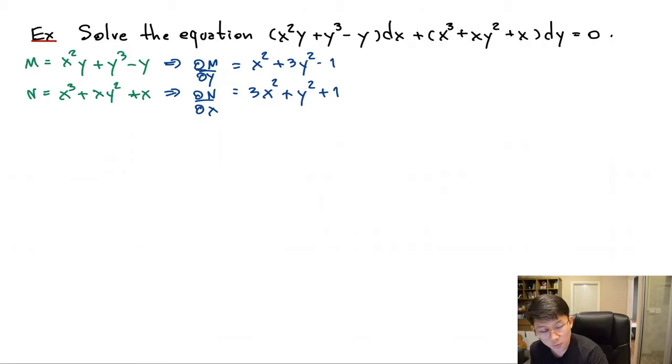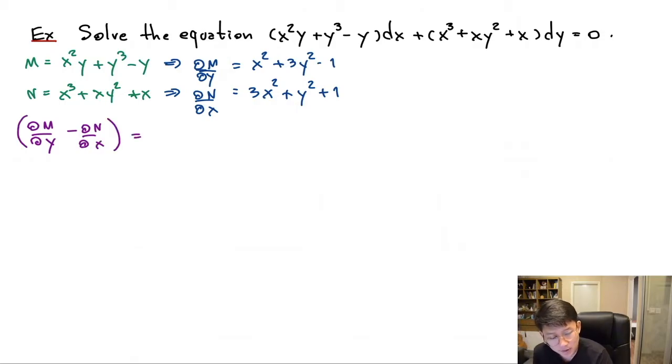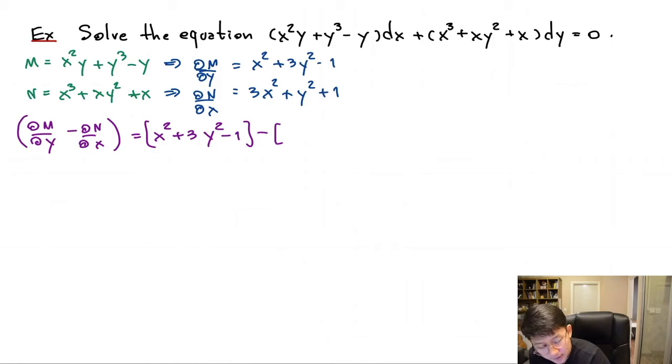So we have that dM by dy minus dN by dx is x squared plus 3y squared minus 1 subtracted by 3x squared plus y squared plus 1, and that is minus 2x squared plus 2y squared minus 2.